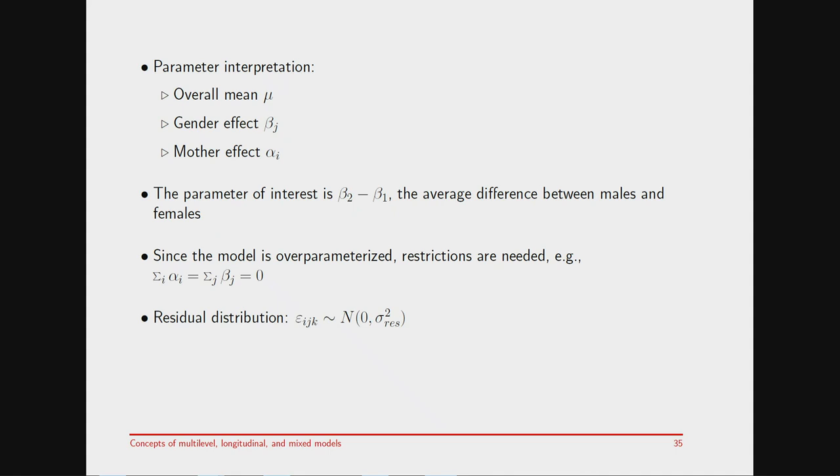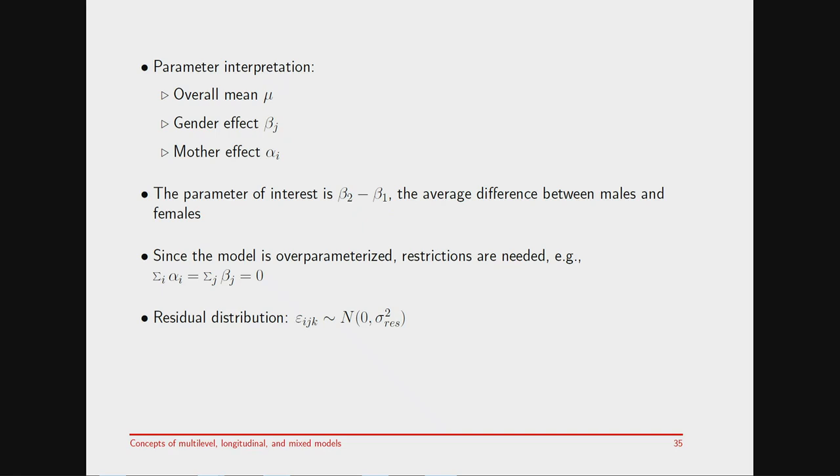Because the average over the mothers and the average over the genders then becomes 0, and then the overall average is the mu, and then the mu becomes the overall average in outcome in this population. Keep that in mind, because you will see these restrictions coming back later on in a slightly different format.